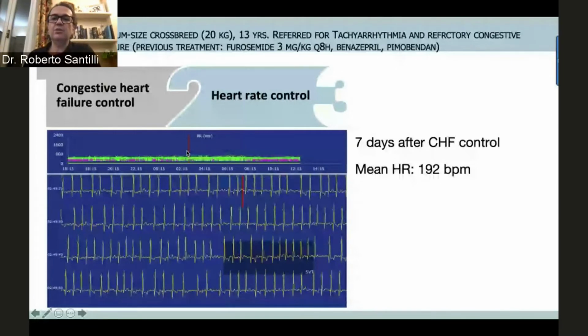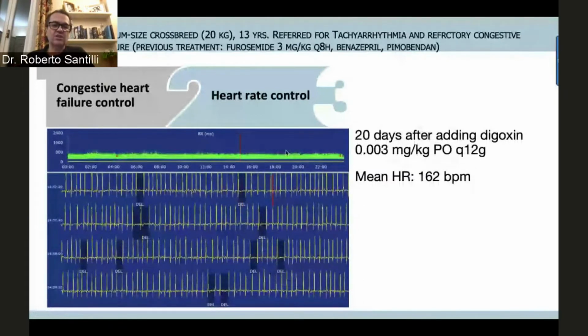So what we did, we started with digoxin. We are doing, and some of you are participating in our study, the AFIRC study. We want to try to see in which cases you can have control of the heart rate using digoxin alone, with a digoxin level 10 hours post pill of at least 0.8 up to 1.2 nanogram per deciliter.